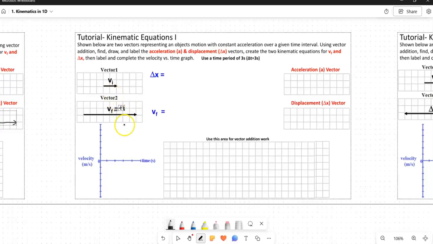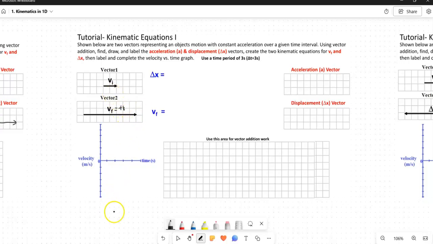Actually, I'm going to use blue for that. So this is going to be +8, and the initial velocity vector is going to be +2 meters per second, and this is +8 meters for every second.